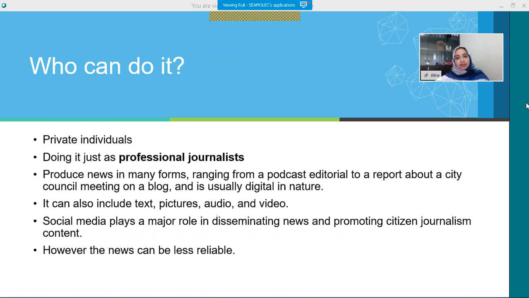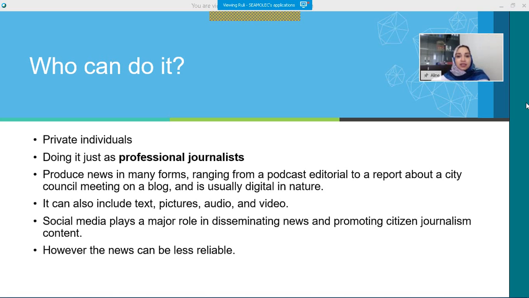Next slide, please. So basically everybody can do this citizen journalism. It involves private individuals who are normally the consumers of journalism, like any one of us, and then they can generate their own news content, to an extent that it includes their interests and opinions inside their news.